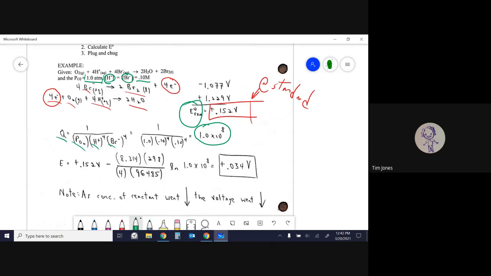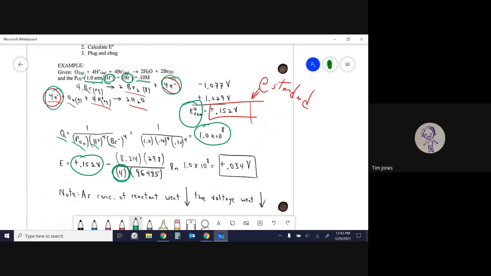Next, plug everything into the Nernst. So here is my E naught. I did this one using all the values. I didn't use the shortcut that I showed you above. I think I did it this way just so you would see it this way. Notice the 4 came from my half equations with the 4 here and the 4 here.